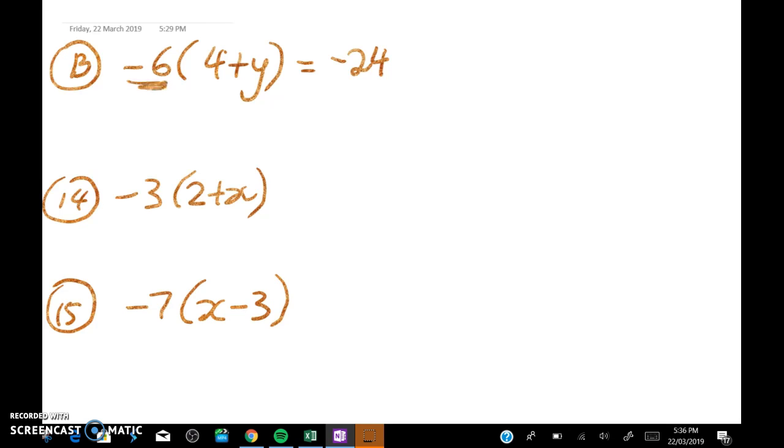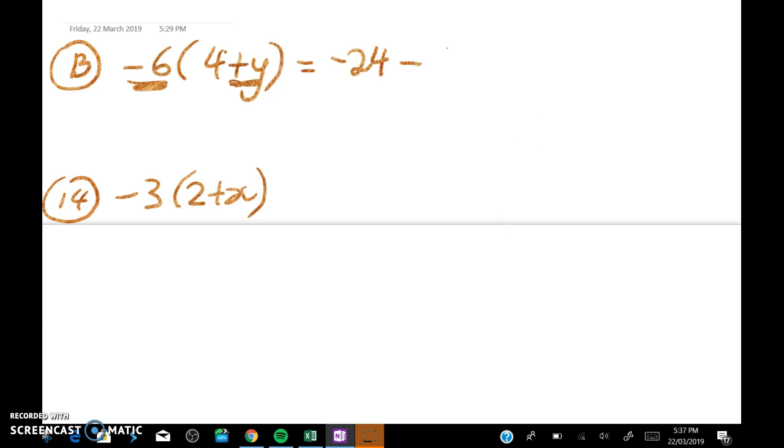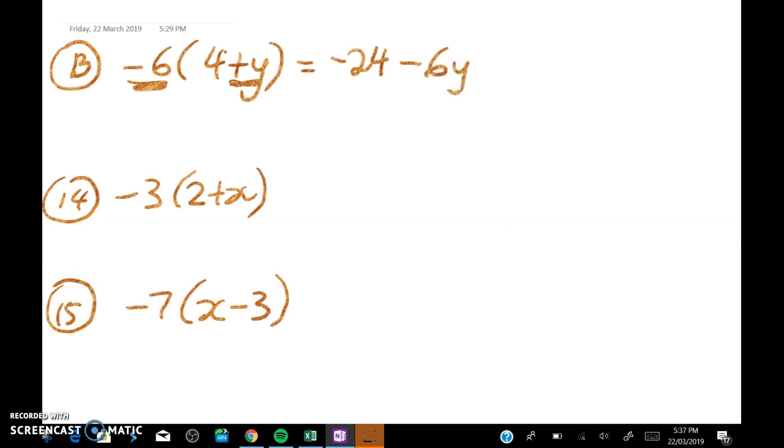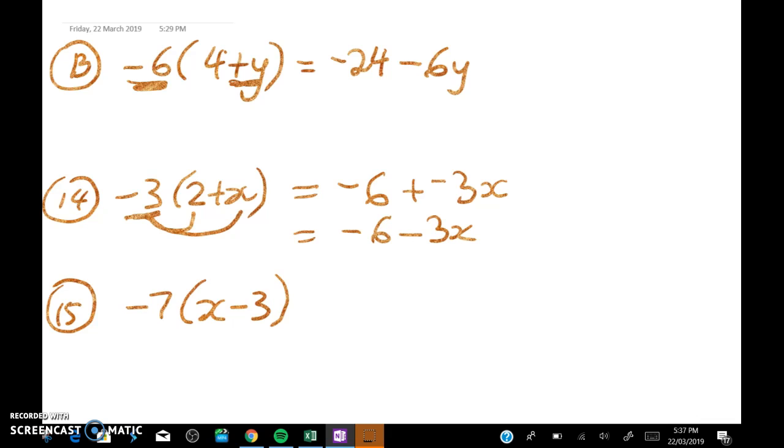And then I've got minus 6, negative 6 times y, giving me negative 6y. Number 14, we have negative 3 times 2, negative 6, plus negative 3 times x. So we get minus 6, negative 6, minus 3x.